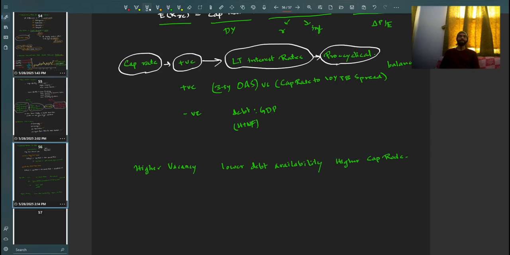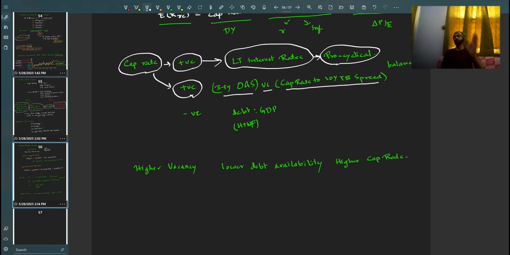How? Let's understand. Cap rates through research have been found to have some degree of positive relation to the credit spread. The 3 to 5 year option adjusted spread of B-rated investment grade bonds was compared with the cap rate to 10-year treasury bond spread.